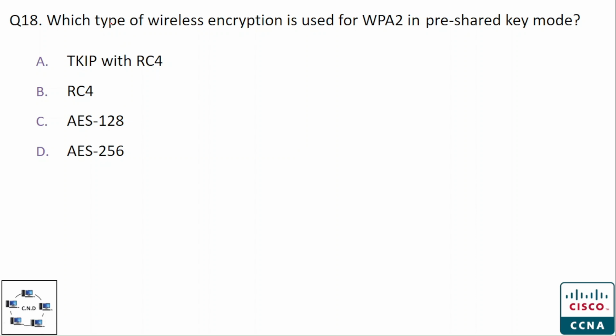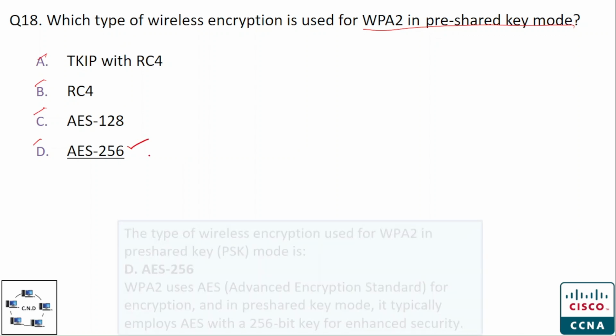Question number 18. Which type of wireless encryption is used for WPA2 in pre-shared key mode? And the options are option A, TKIP with RC4. Option B, RC4. Option C, AES-128. And option D, AES-256. And the correct option is option D, AES, Advanced Encryption Standard, with 256 key length.